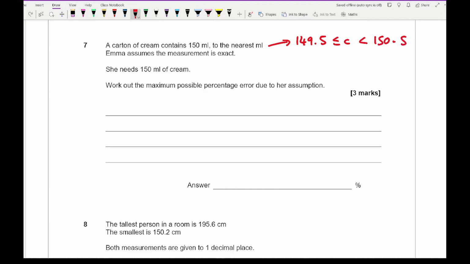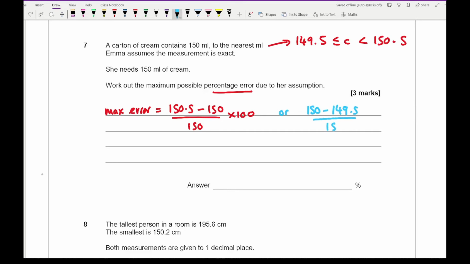Now, in terms of working out the percentage error, there are two ways in which we can do this. So the maximum error is either going to be 150.5, using the upper limit, minus what she's assuming, which is 150, over what she assumed, and we multiply that by 100. Or alternatively, we could do 150 minus the lower limit, over 150, multiplied by 100.